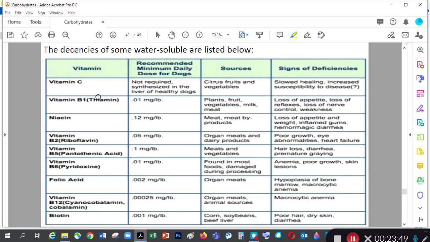Now, what happens if we have deficiencies in those water-soluble vitamins, such as vitamin C? It turns out there are very bad consequences of having low levels of those water-soluble vitamins. If we are lacking them, then we'll have a lot of health problems.